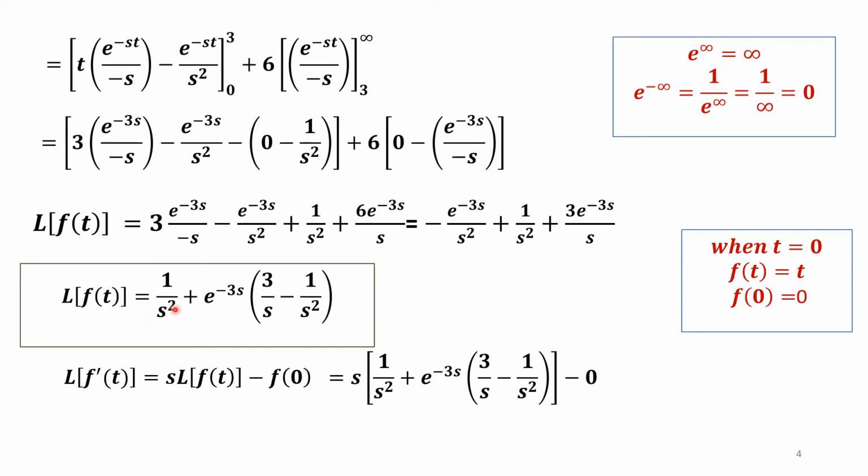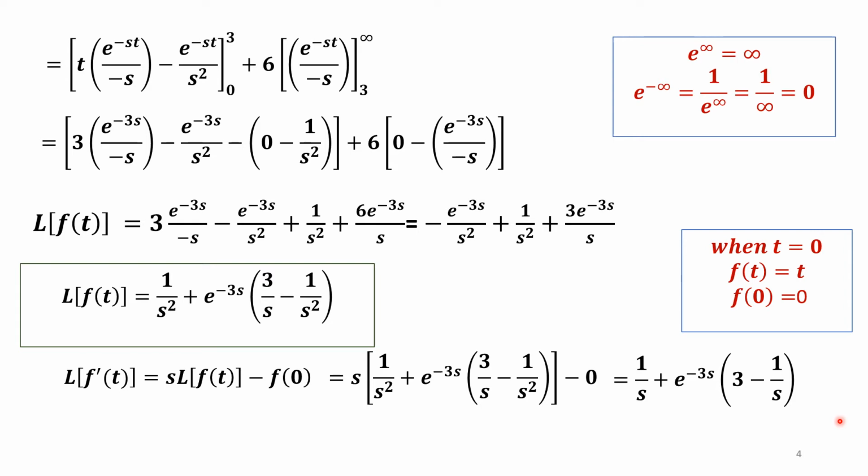So we have to just substitute for L of f of t minus f of 0. We can take s inside the bracket. So 1 by s, e raised to minus 3s, into this s will get cancelled and 1 s will get cancelled here also. So 3 minus 1 by s.